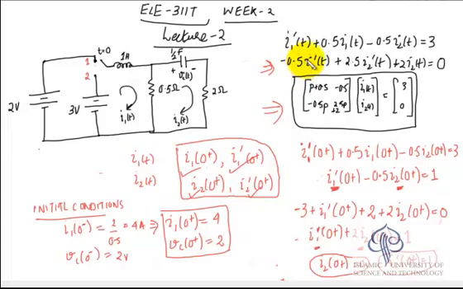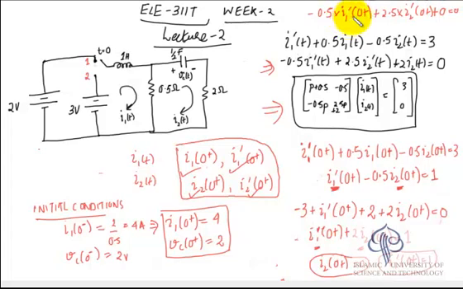So when we do that, you get minus 0.5 into I1 dash 0 plus plus 2.5 into I2 dash 0 plus plus 2 I2 0 plus, which is 0, plus 0 is equal to 0.